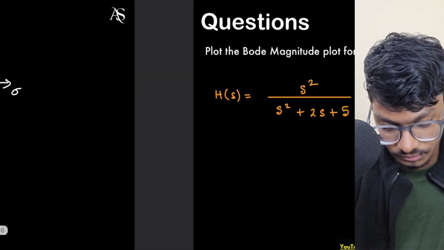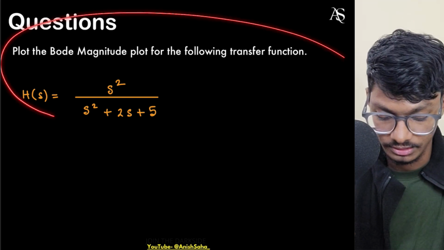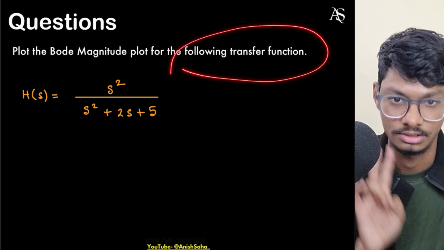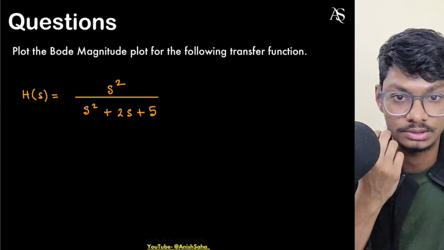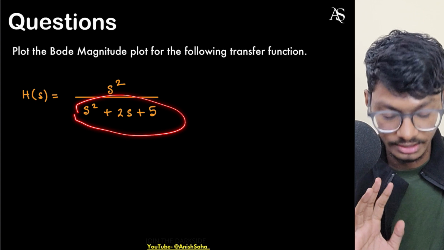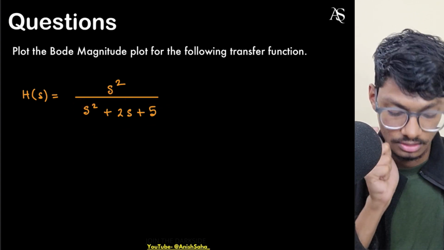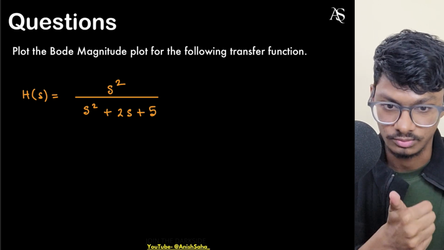Now the next thing is I have another question, same thing only. We have to plot the Bode magnitude plot for the following transfer function. Here the transfer function is a bit changed now. My poles are not distinct anymore, they are not real anymore, they are complex poles.